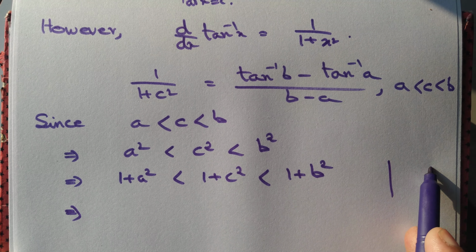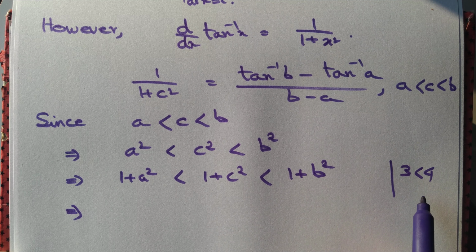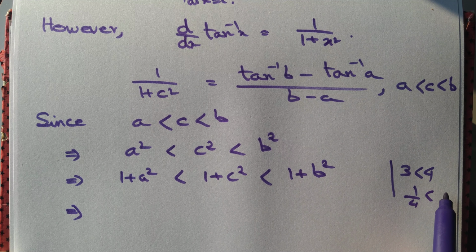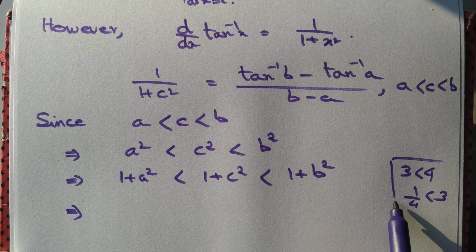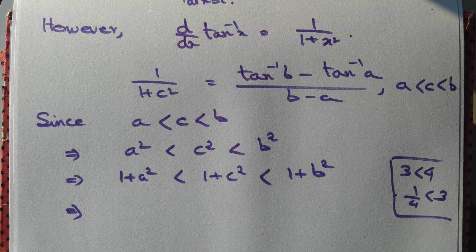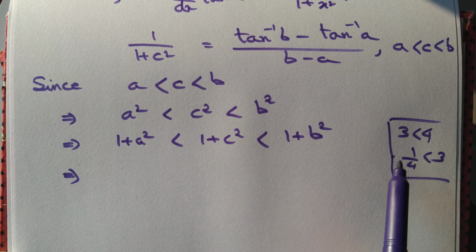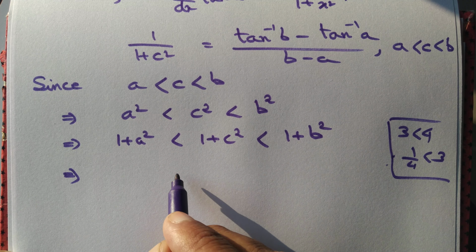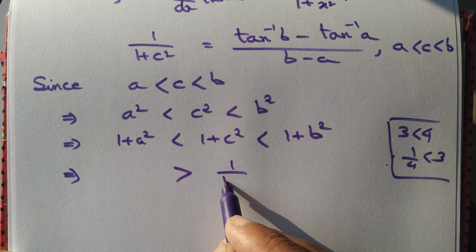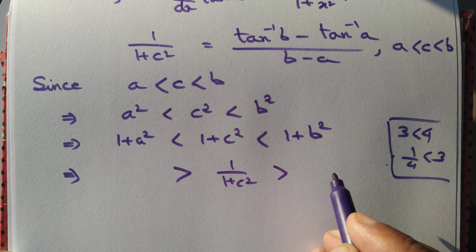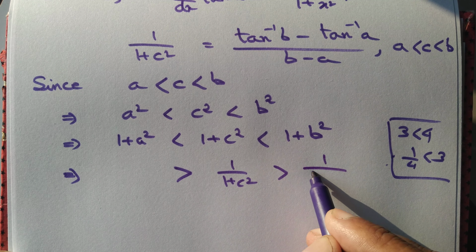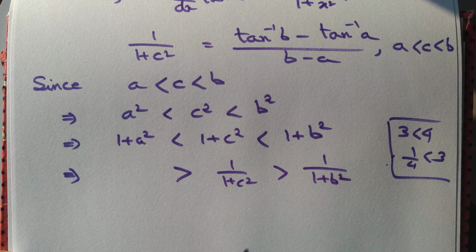We know that if 4 is greater than 3, then 1 by 4 is less than 1 by 3. So if we reciprocate it, the inequality gets reversed. So we can say 1 by 1 plus a square will be bigger than 1 by 1 plus c square, which will be bigger than 1 by 1 plus b square.